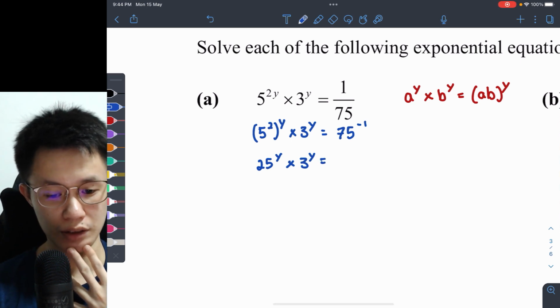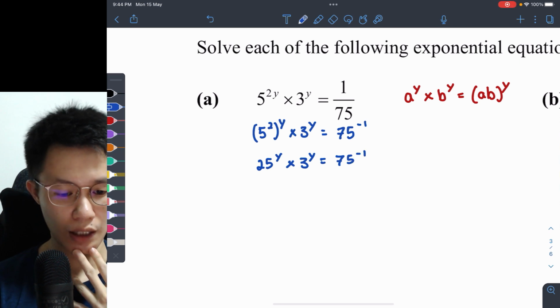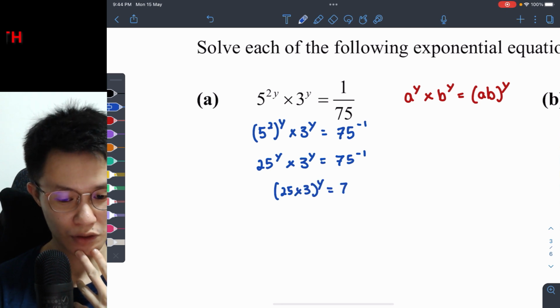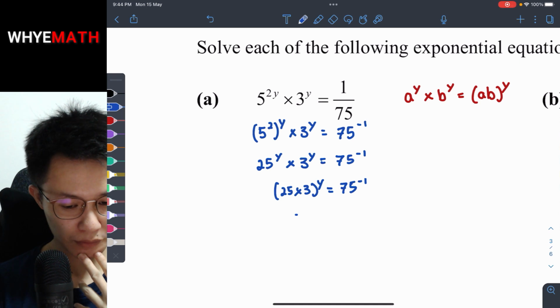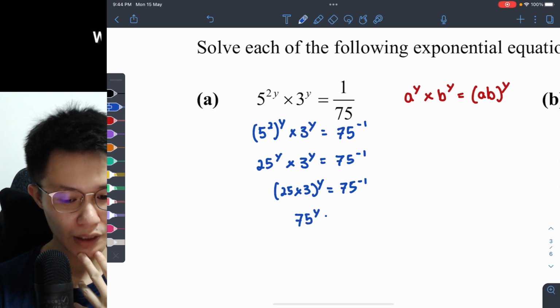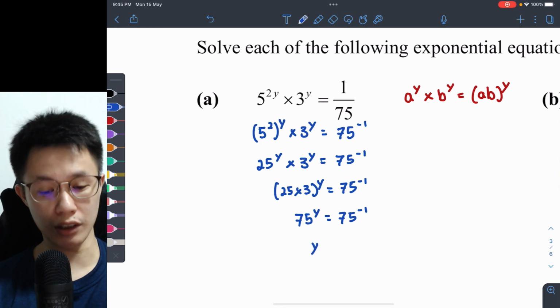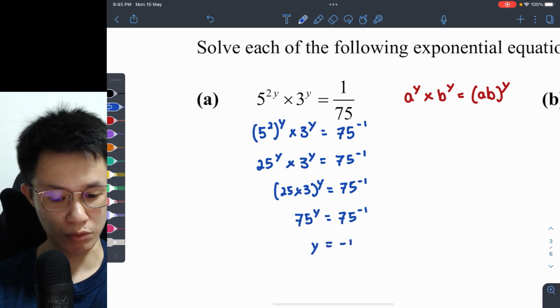The left hand side is still the same, and we can merge them together. So we have 25 times 3 to the power y equals 75 to the power -1, and 75 to the power y equals 75 to the power -1. And from here we can infer that y equals -1.